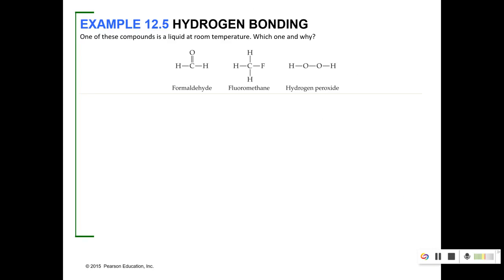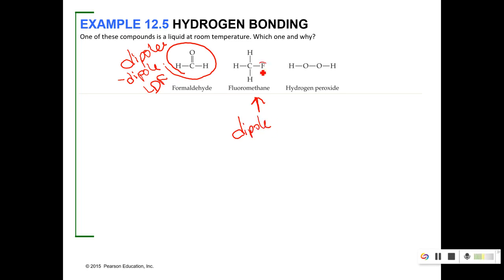So, one of these is liquid at room temperature. Which one and why? Remember that liquids have moderate intermolecular forces, solids have the most, and gases have the least. That was from last class. So here, because we've got different outside atoms, this one's strongest is dipole-dipole. But remember, it also has LDF. This one's strongest is also dipole-dipole because of this F here.